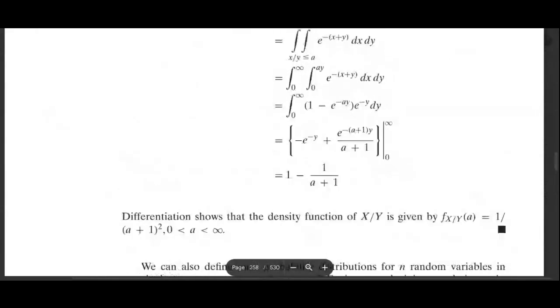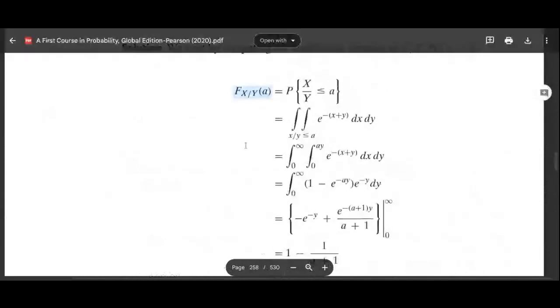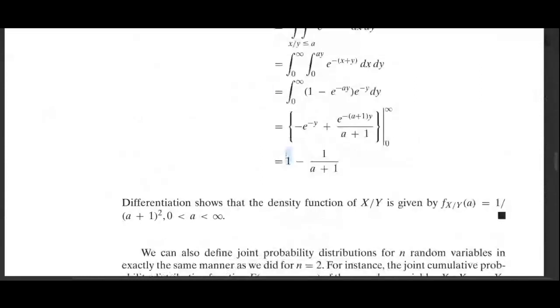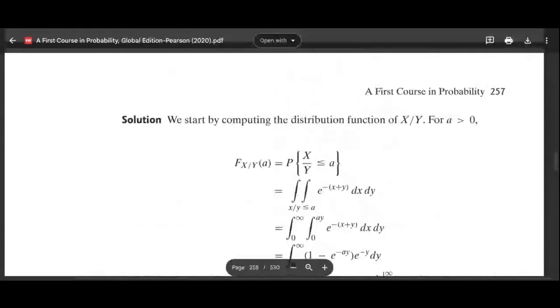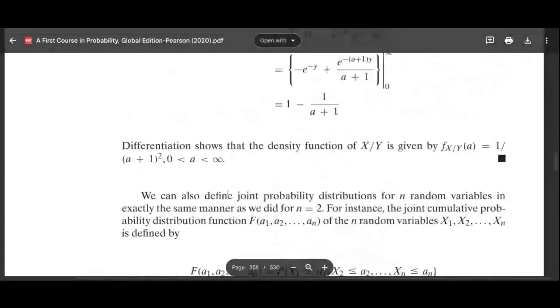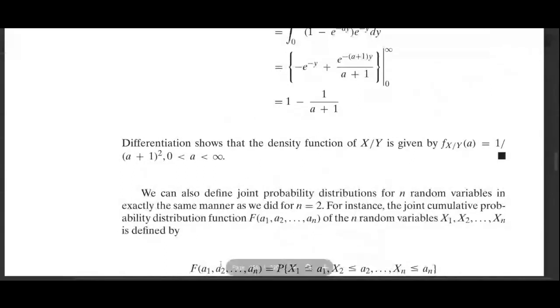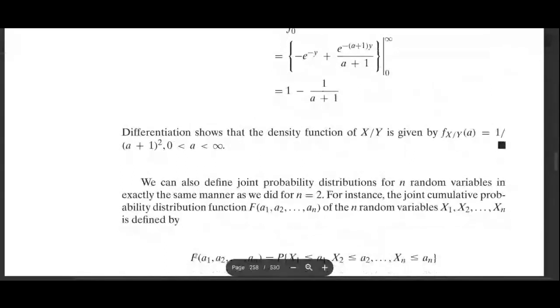Yeah, we differentiate this one, because this can be simplified. This is a plus 1 over a plus 1 minus 1, so that becomes a over a plus 1. Then you can differentiate this to get 1 over a plus 1 squared. All right.